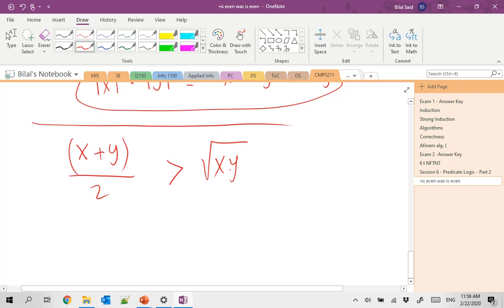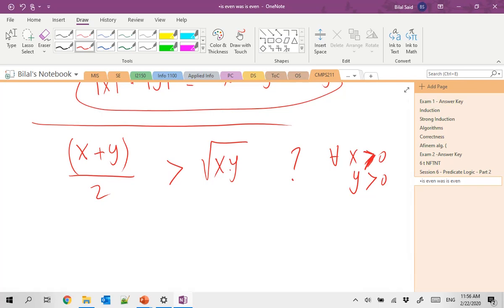Let's proceed backwards first to check the point behind it. Can we prove this just given the fact that x is strictly positive and y is strictly positive? If you start with those two facts, it seems very hard to reach this inequality. But let's start with this one.